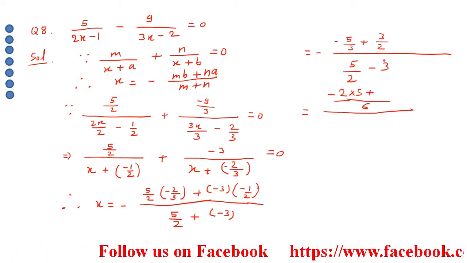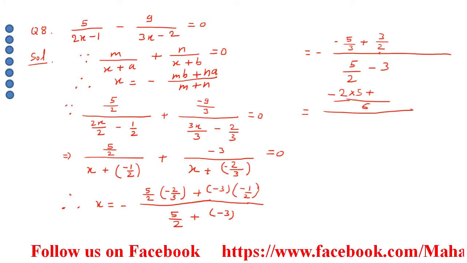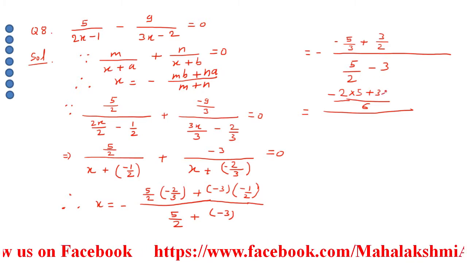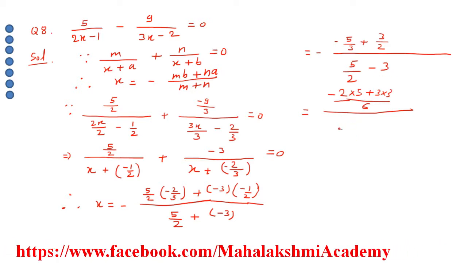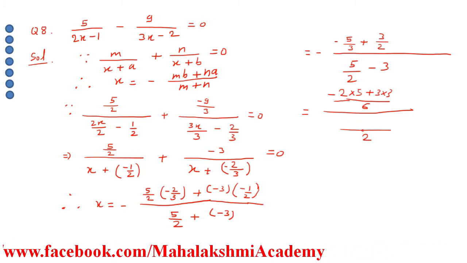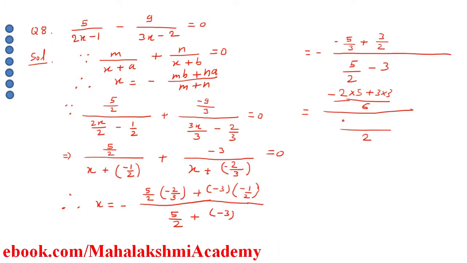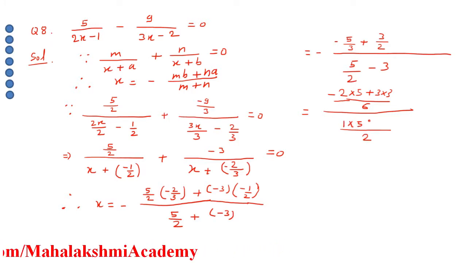Then plus, this LCM 6 divided by 2, you will get 3. So 3 into 3. And in the denominator, the LCM is going to be 2. 2 divided by 2 is 1. So 1 into 5. And for the other term, there is nothing, it is 1. So 2 divided by 1 is 2, sorry, so 2 multiplied by 3.